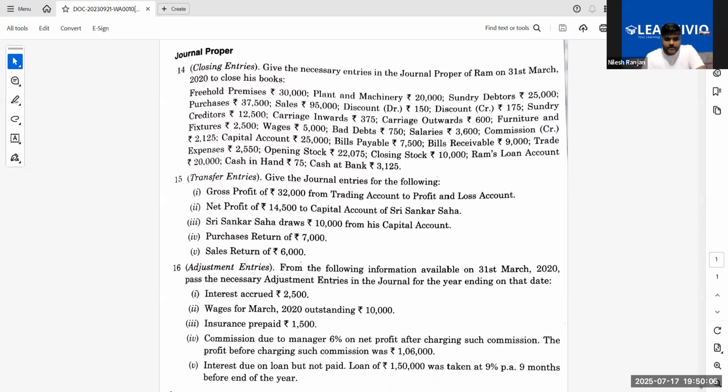Then the third is error of omission. And the fourth one is compensatory errors.